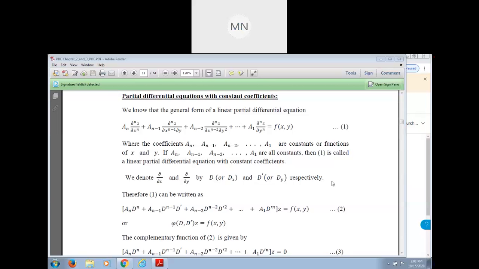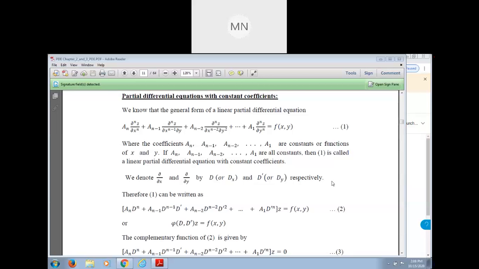In first order PDE, we discuss linear partial differential equations. Linear means what? The degree of the equation is 1, and multiple terms will not arise. Multiple term means what?